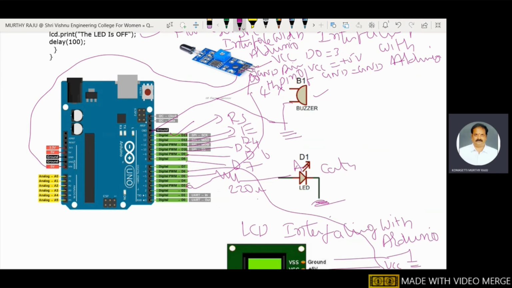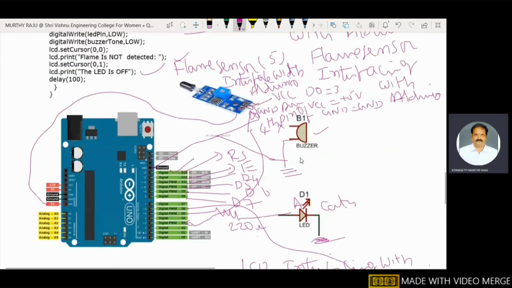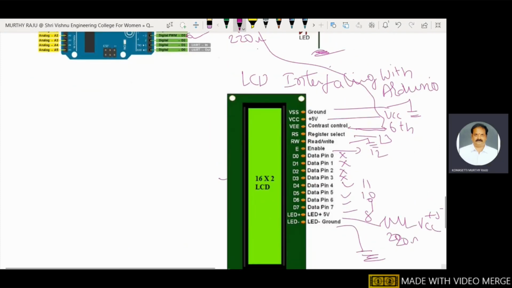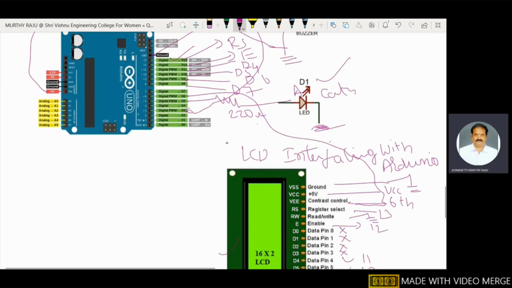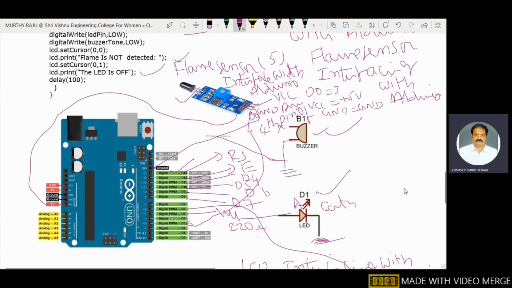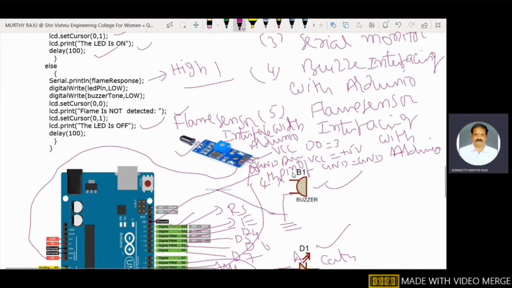The cathode is connected to ground. These are the interfaces: flame sensor, buzzer, LED, and LCD interface with Arduino. These are the 4 interfacing concepts included in this project.